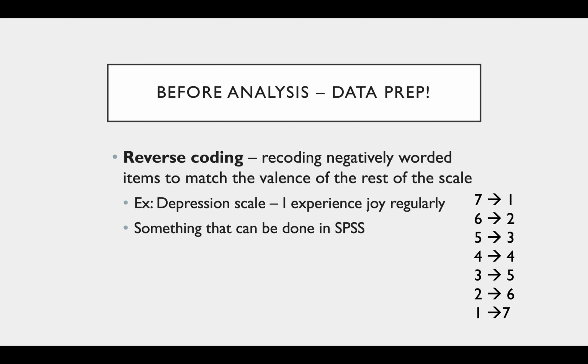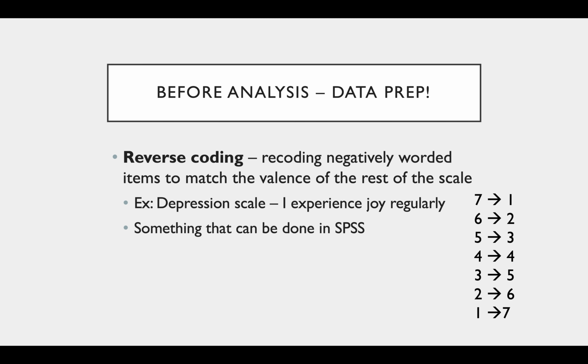So there's a couple things that you're probably going to have to do. Obviously, if you have certain cases in your data that are not covered here, we can talk about it individually, but these are kind of the broad strokes. The first thing is that you're probably going to have to do some reverse coding. So reverse coding is where you take certain items or certain questions of your scale and you essentially flip the response patterns.